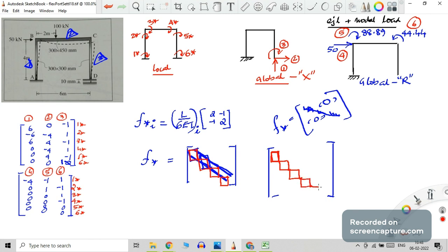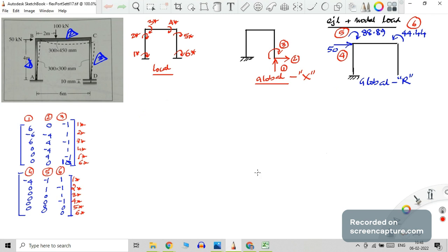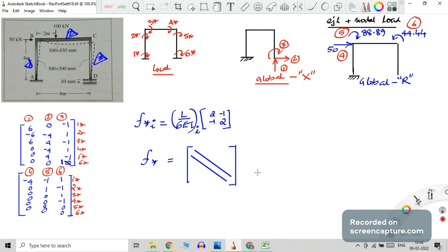Here we don't have that, we have only 3. So like that, it should continue: 2 minus 1 minus 1 2 multiplied by L by 6 EI of the corresponding member. So those things are just freshening up. I have just explained. You know these things.